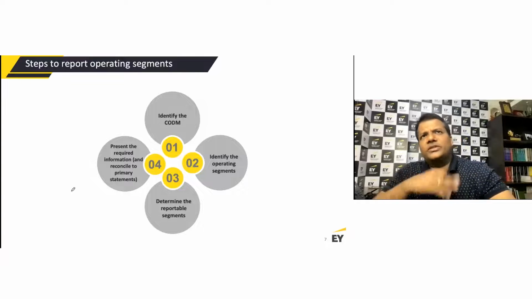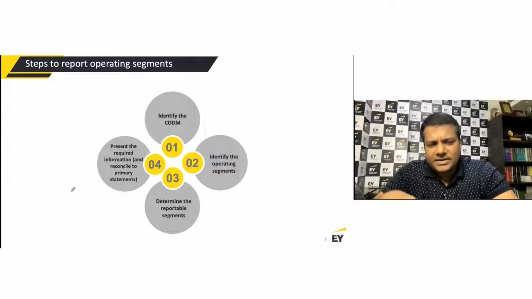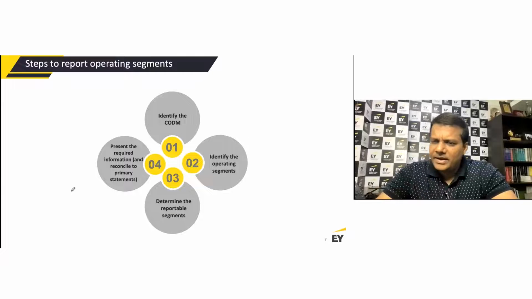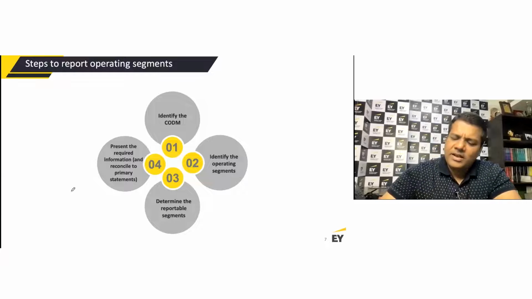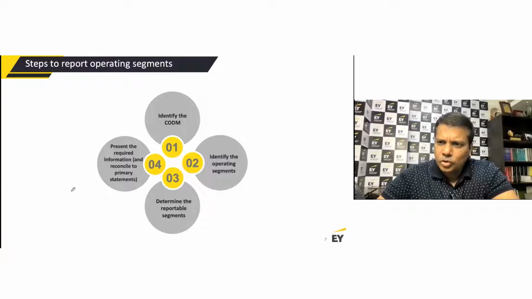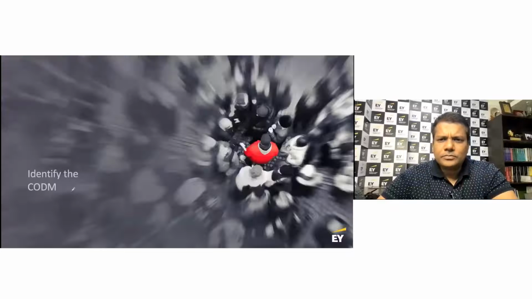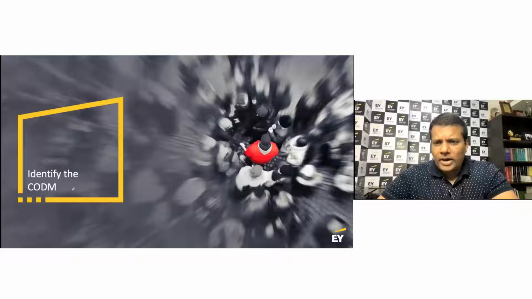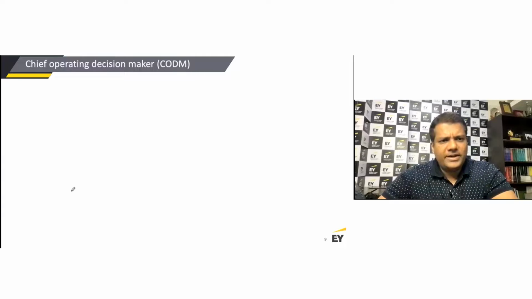So 4 steps: identify the CODM, then determine your operating segment, then determine your reportable segment, and then present the information and reconcile to your primary statement. That's what we need to do as part of segment reporting. So now I'm going to look at how I identify the CODM.